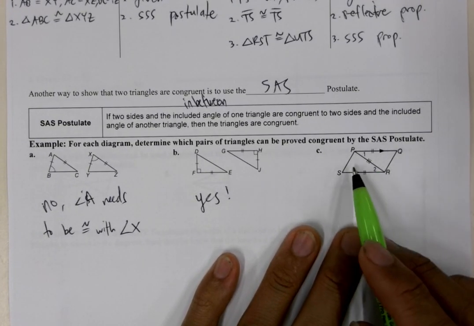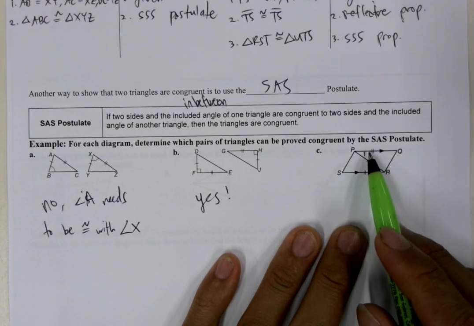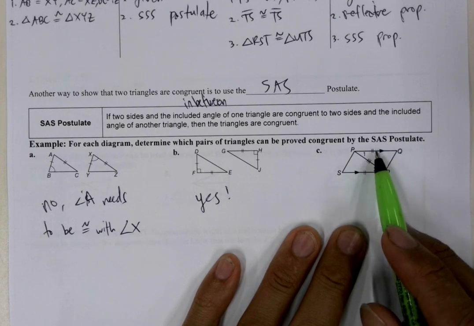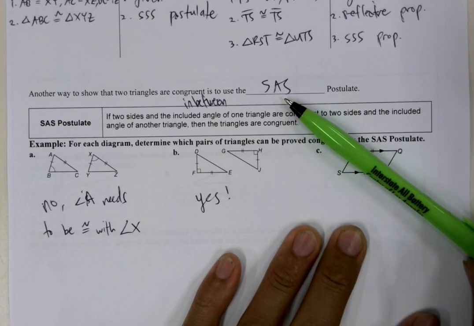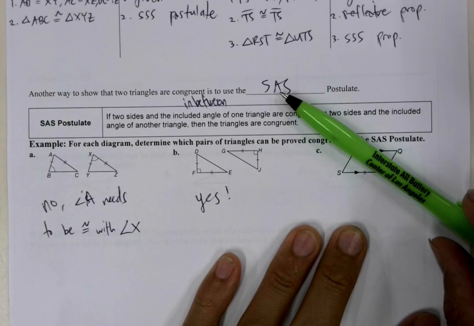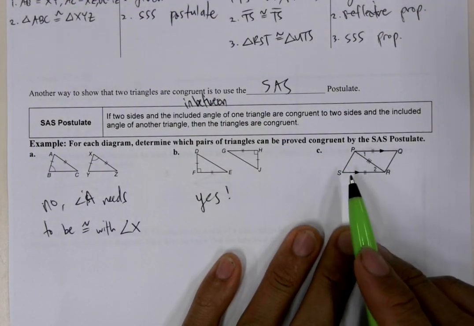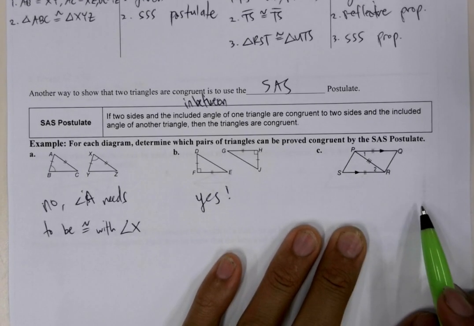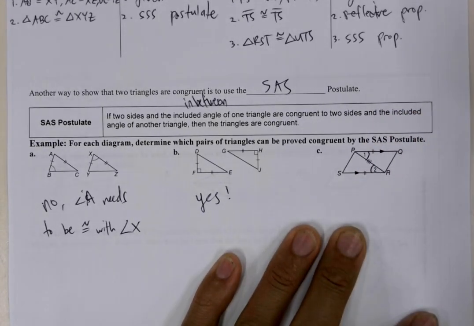And then over here, what do we have? We have these two lines are parallel, which means we have these two sides are congruent. So we got two corresponding sides are congruent. And then we have this transversal cutting the two parallel lines. And we know that if we have two parallel lines cut by a transversal, the alternate interior angles are congruent.